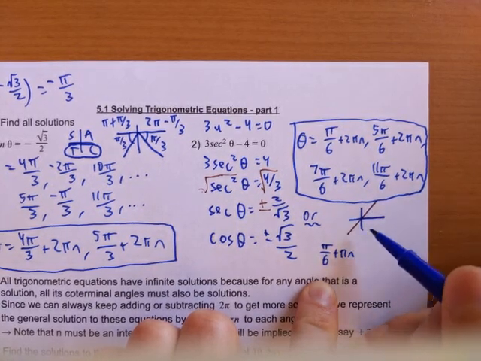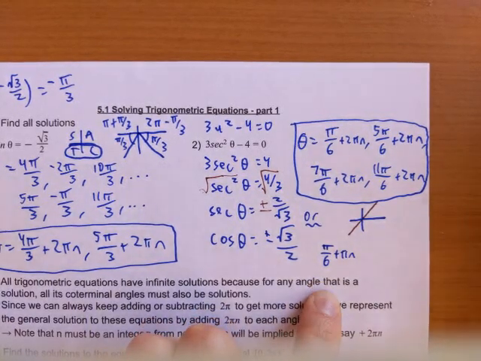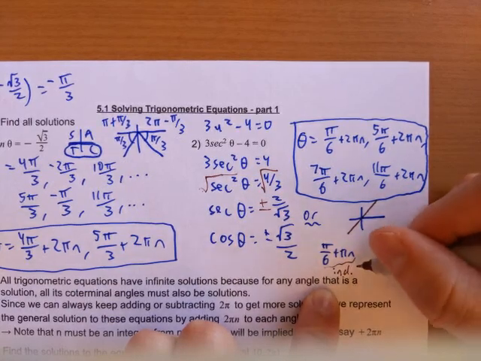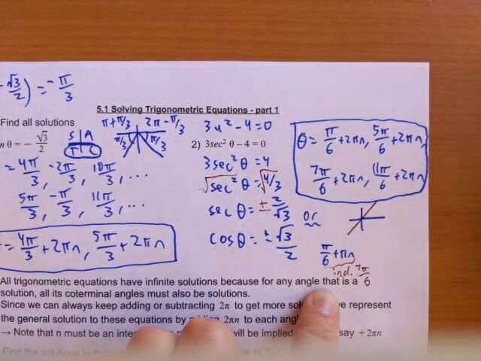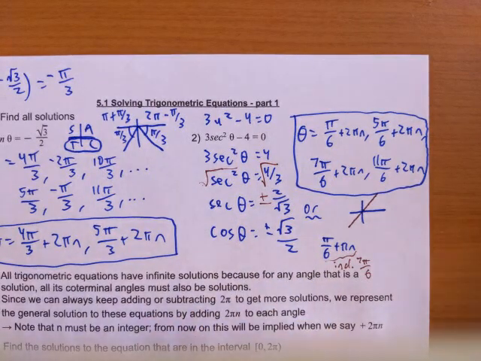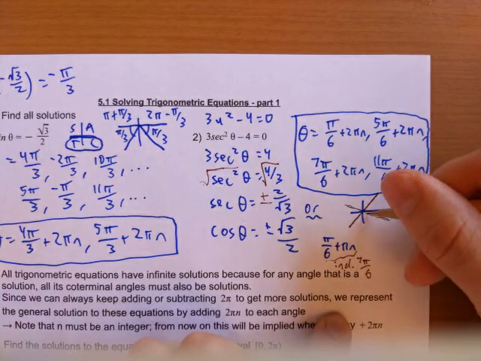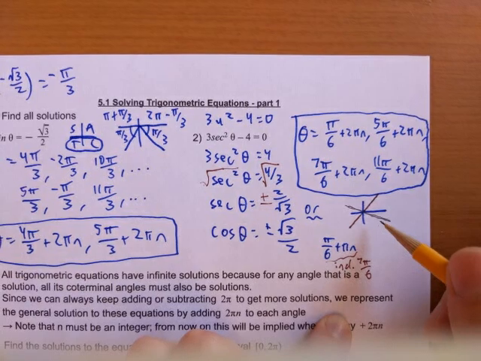I can just keep adding half circles to get all those angles right there. This right here includes 7 pi over 6. Well, I can do the same thing with the other two angles. If I look at 5 pi over 6 and I look at 11 pi over 6, those are also separated by half a circle.